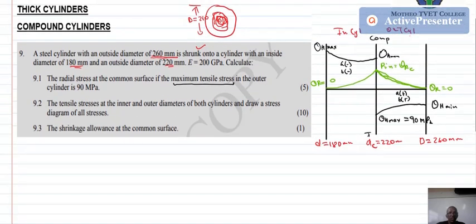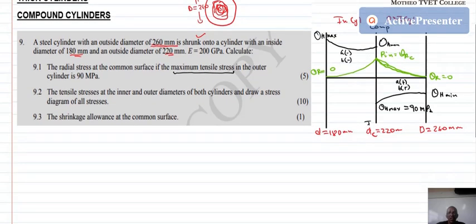In 9.1 they want us to calculate the radial stress at the common, which is at DC, which is 220 millimeters.